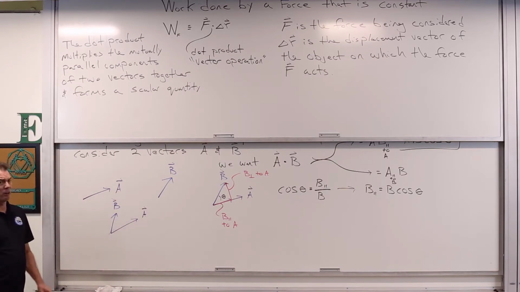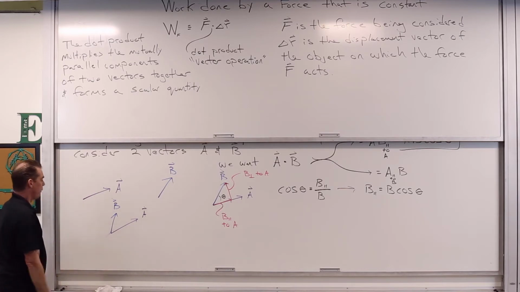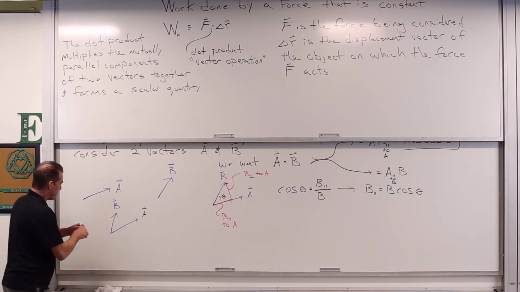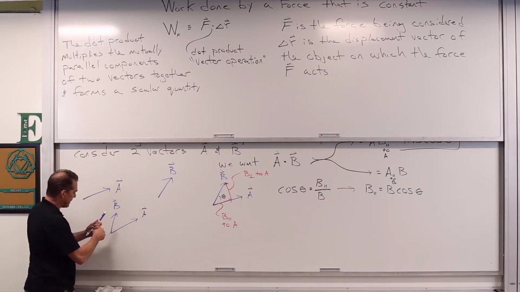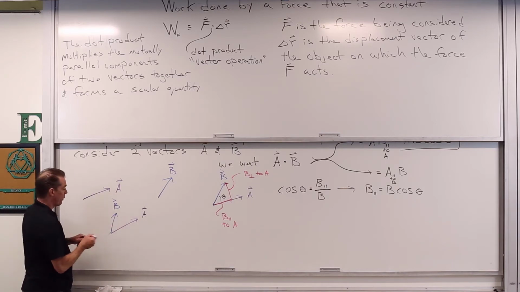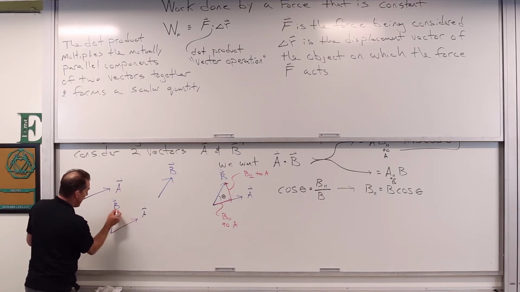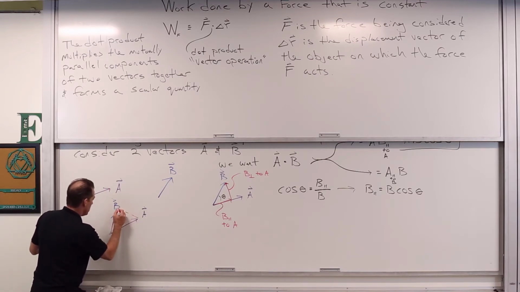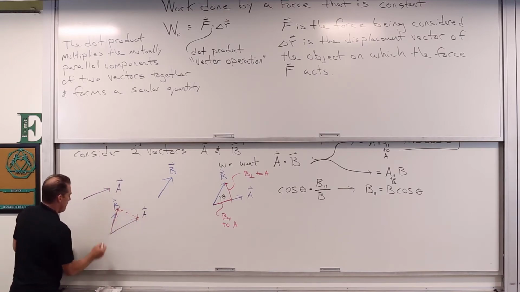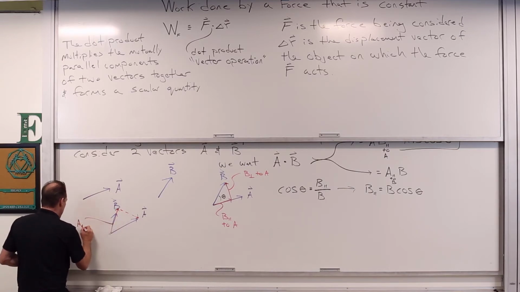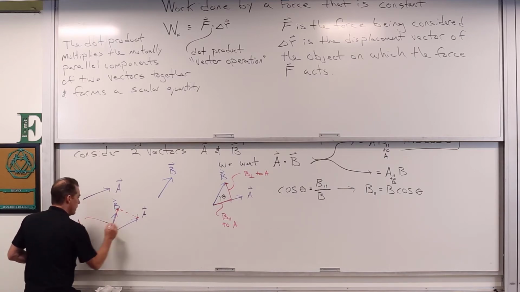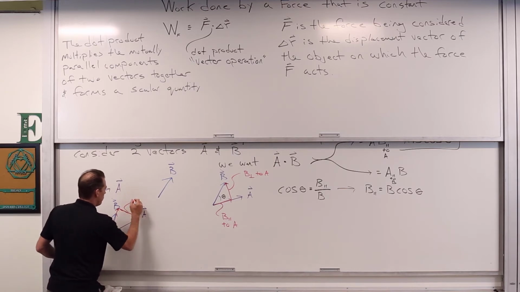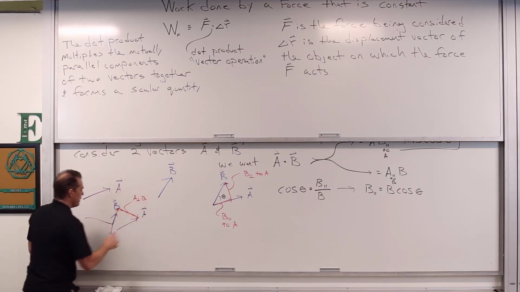Well, we want the parallel component of A now with respect to B. So what we have to do is look at how we break this vector A up into two components: a component that is parallel and a component that is perpendicular to B. So this one would be A parallel to B. This one would be A perpendicular to B.